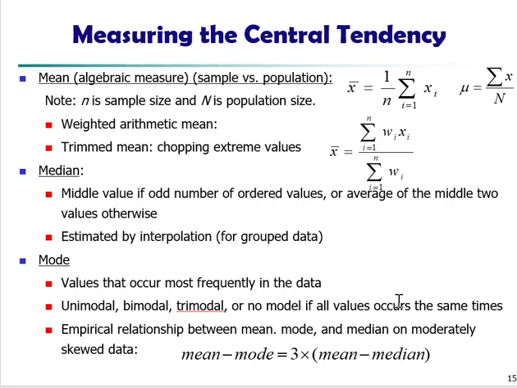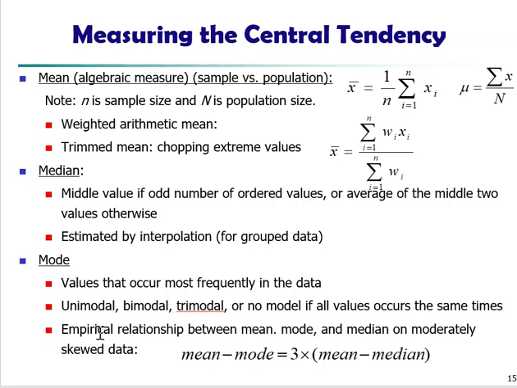The most frequently occurring values are not just one value, but multiple values. So in those cases, you will have bimodal, trimodal values. But if all the values occur the same number of times, say you have 10 values and every value occurs once, then we call this data set no mode. There is no value that occurs more frequently than others.